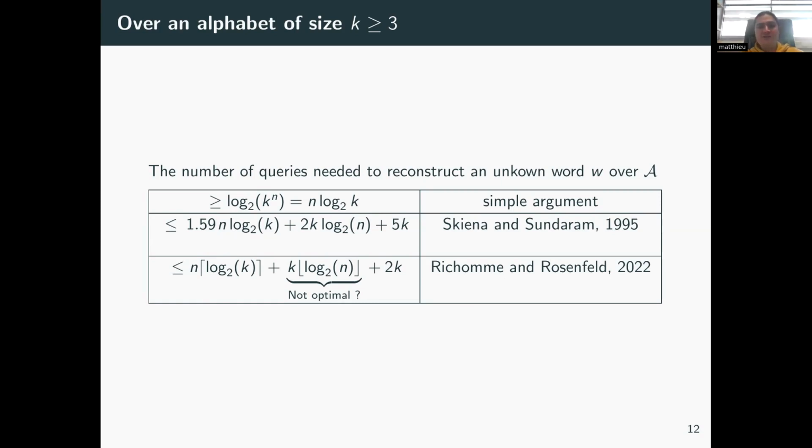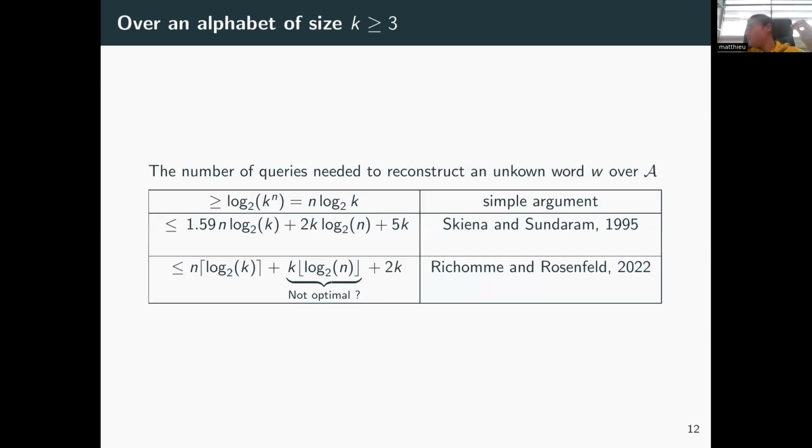What they do first is they reconstruct a projection of this word over the 2 first letters and a projection of this word over the 2 other letters, and then they try to merge it. And when they merge the words, they do some binary search. And if you replace the binary search by some greedy search, then again, you can improve it. So it's been a recurring theme that for all of these problems, in many situations, it's better to do a greedy search instead of a binary search, which is quite interesting, I guess.